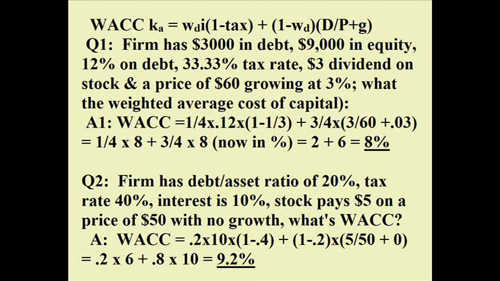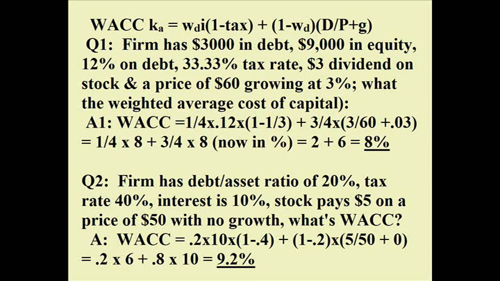The interest is 12%, but remember, it's a 1/3 tax rate, so we keep 2/3 of that, it's 8%. Then we have 3/4 times the cost of equity. Well, that's $3 over the 60 price for the dividend, plus the 3%, 5%, gives us 8%. Notice I converted here from decimals to percentages. Either's okay. Weight them, add them up, 8%.